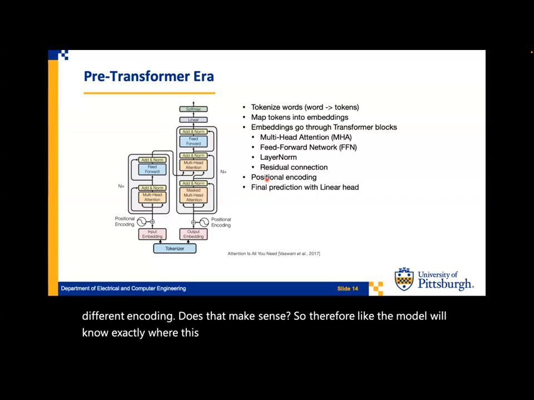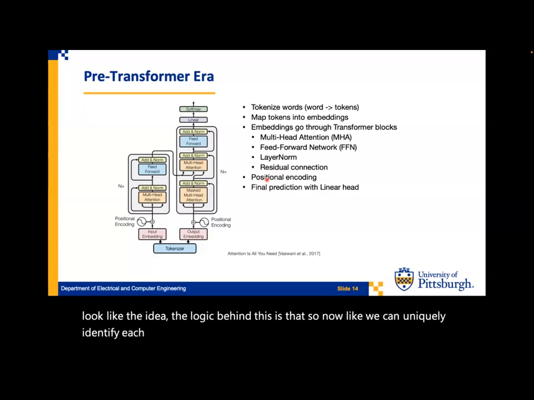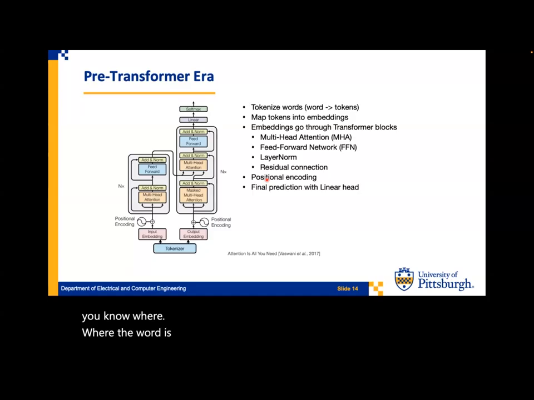The logic behind this is that now we can uniquely identify each token by its position. It's important, because where the word is could make it the object or the subject, and it matters to text generation. Make sense?